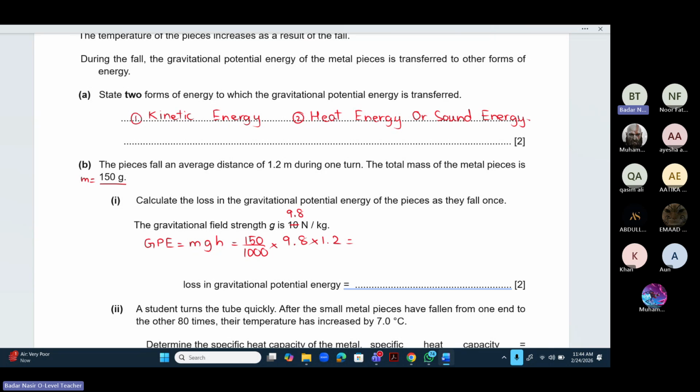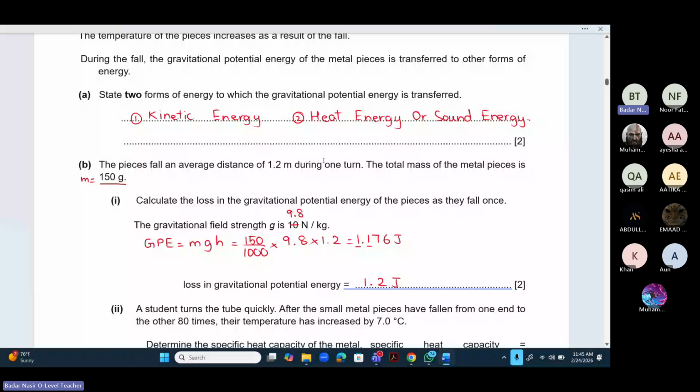So you can directly substitute these values on your calculator and we get the answer to be 1.176 joule. Okay. So agar unit mentioned nahi hai, you have to give the SI unit with the answer. Now we have to round off the answer to two significant figures. So two significant में पहला digit ये दूसरा ये, तो 1 से अगला 5 से बड़ा है. So we add 1 into this, so it's going to be 1.2 joule.